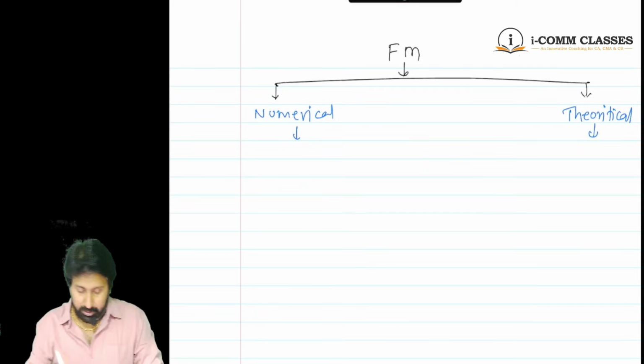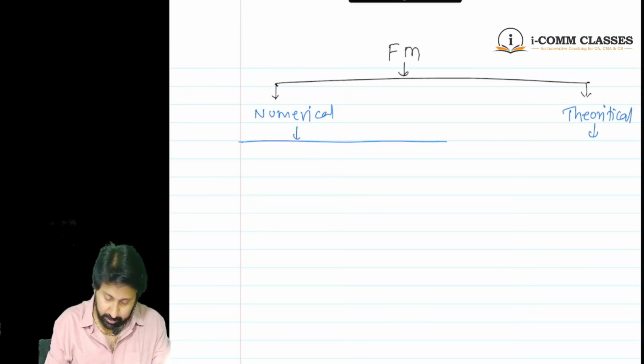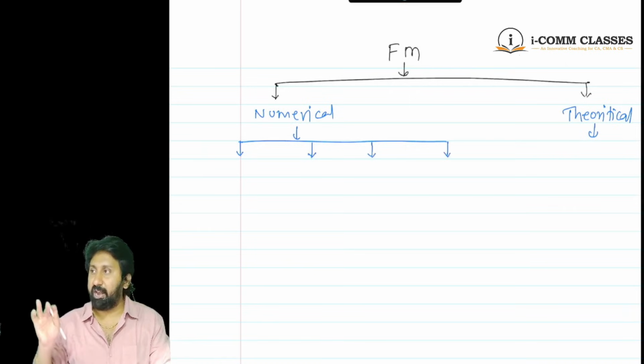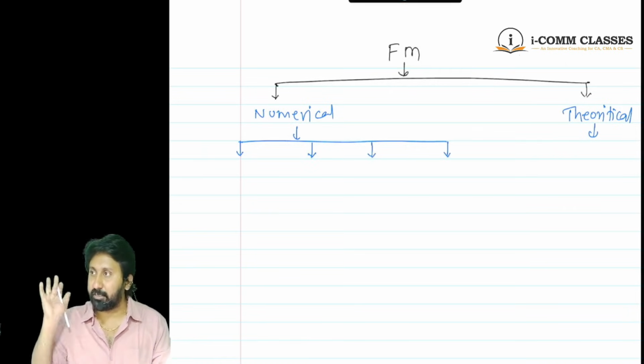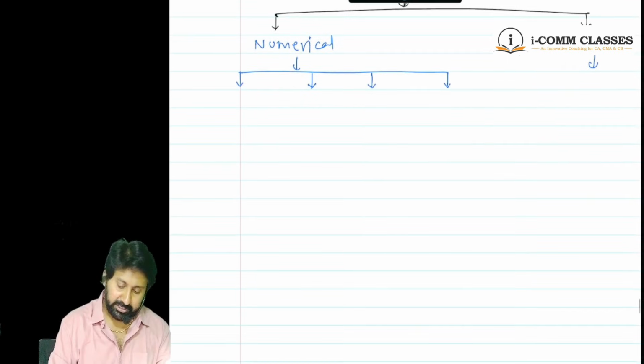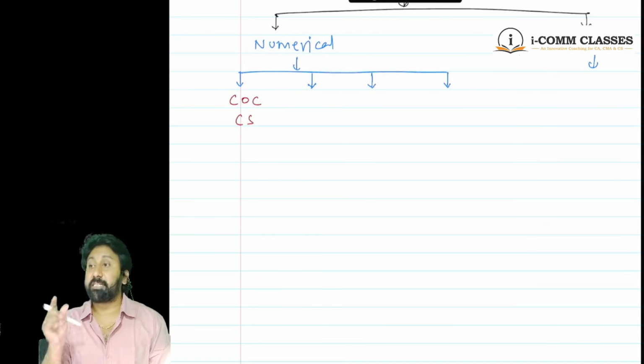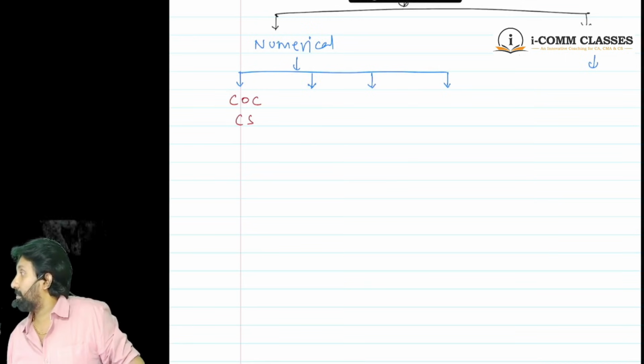In this, 4 branches are there. Listen first. The first set is cost of capital and capital structure.